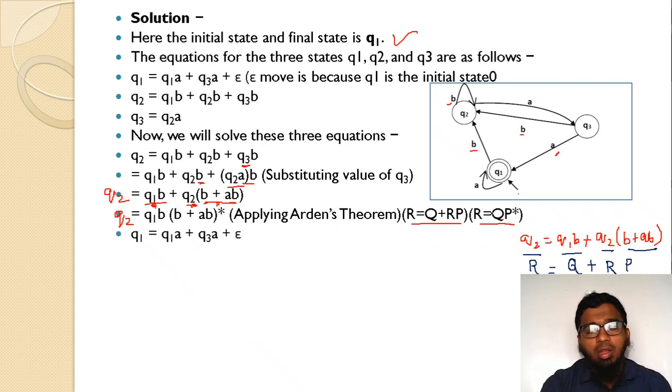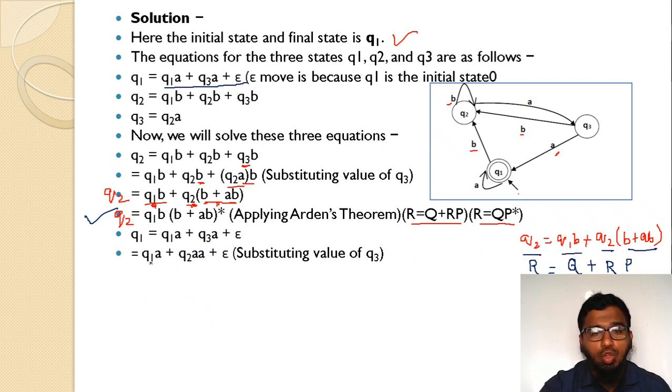Next is Q1, because we finished this; Q2 is done. Now I am taking another equation, that is Q1, the second equation. In this, Q1A plus Q3A plus epsilon, as it is we have taken from here. Next, Q1A plus, I am substituting Q3.